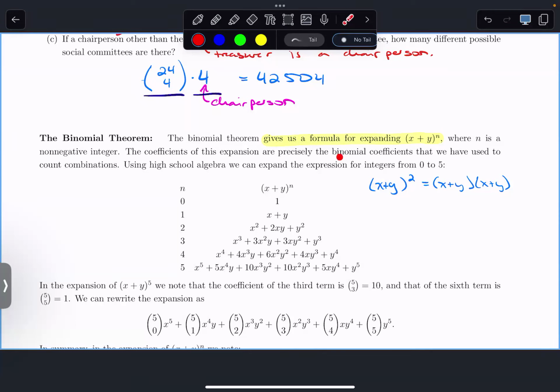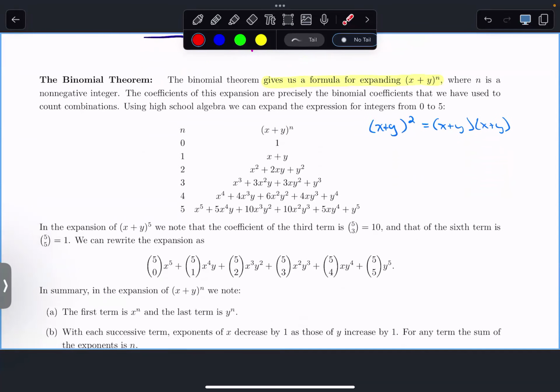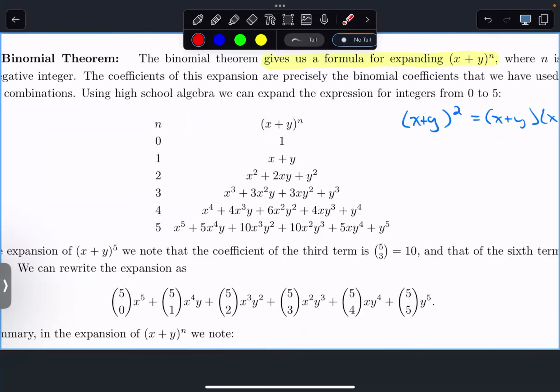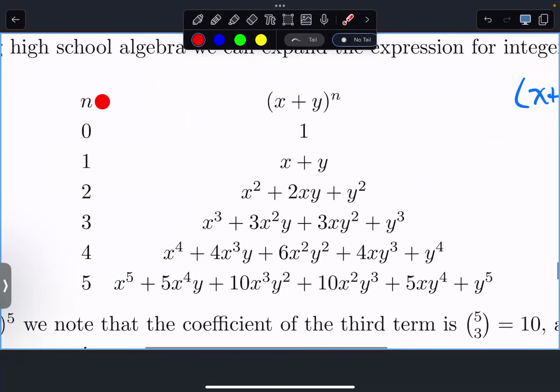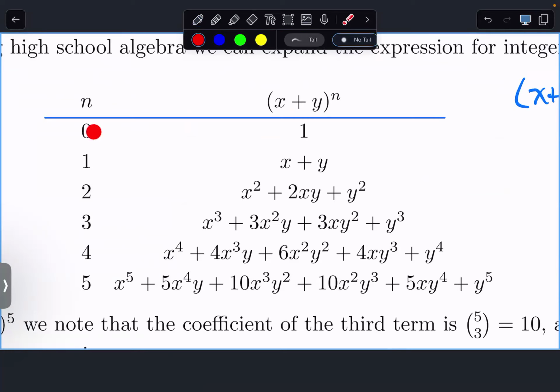So what can we do here? If we have a general n, I'll draw a line here. If n is 0, then anything to the power of 0 is 1. So far, so good.